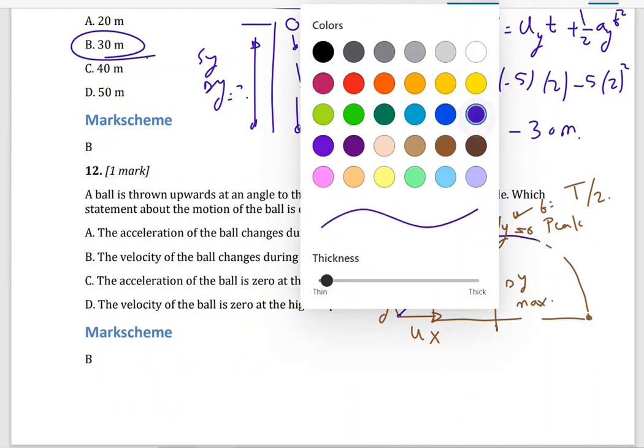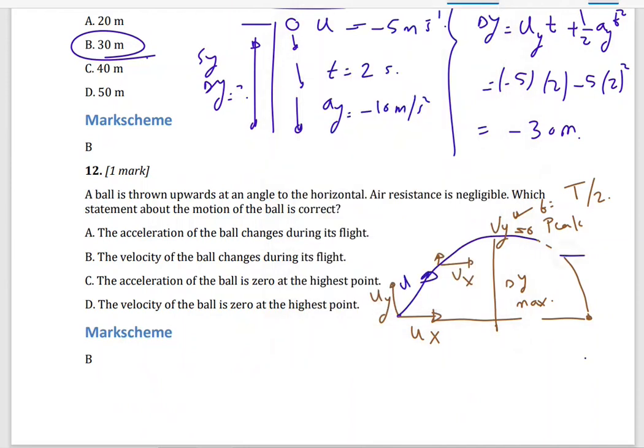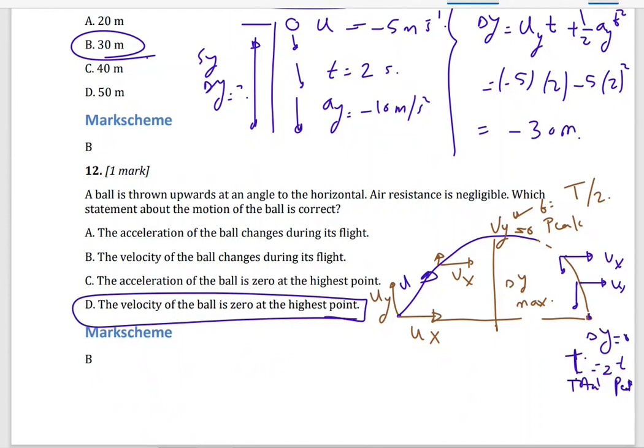Before it reaches the ground, the velocity in the x direction is almost constant, and the velocity in the y direction starts to increase till it becomes maximum just before it hits the ground. Once it hits the ground, delta y will equal 0, and the total time will be double the time at the peak. So the velocity of the ball is 0 at the maximum height.